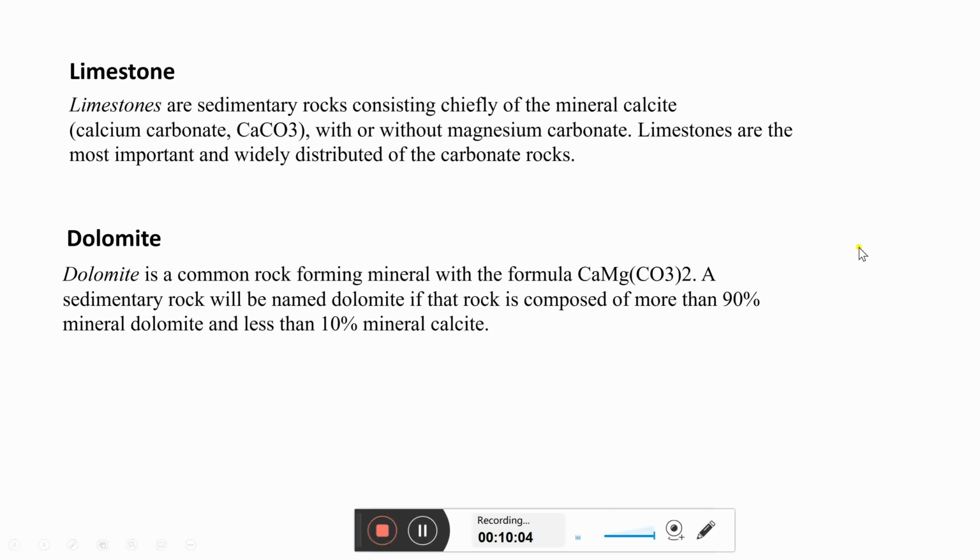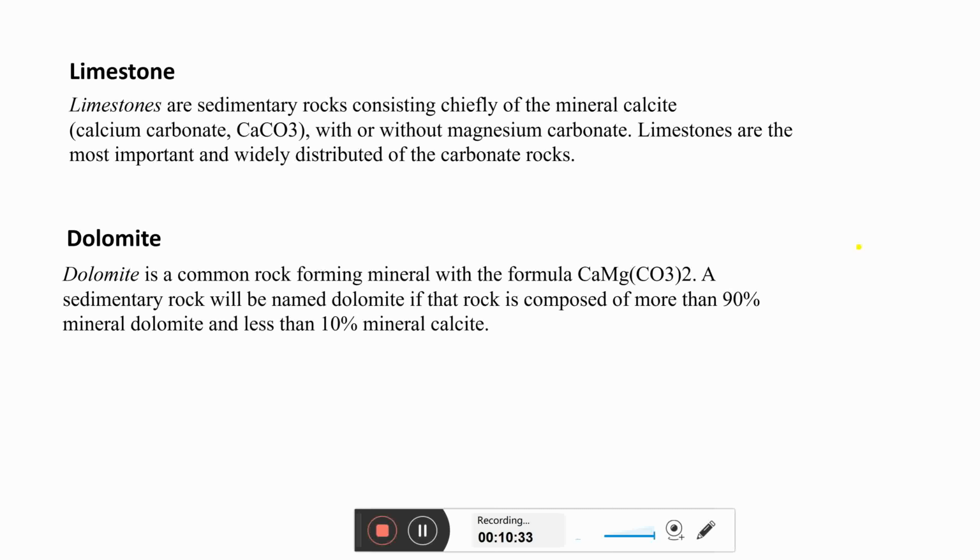Okay, limestones are sedimentary rocks consisting chiefly of the mineral calcite, with or without magnesium carbonate. Limestone is the most important and widely distributed of the carbonate rocks. In carbonate rocks, both limestone and dolomite are considered carbonate rocks, but they have different chemical composition.